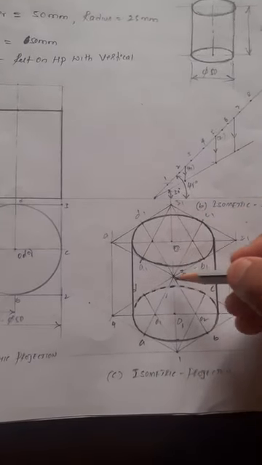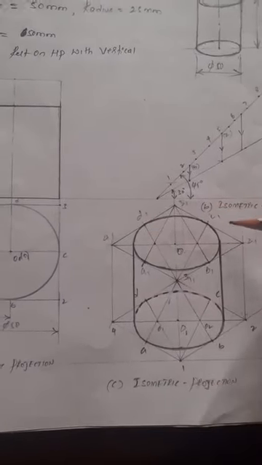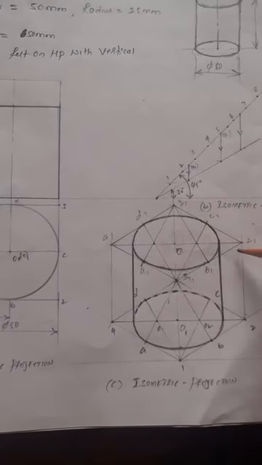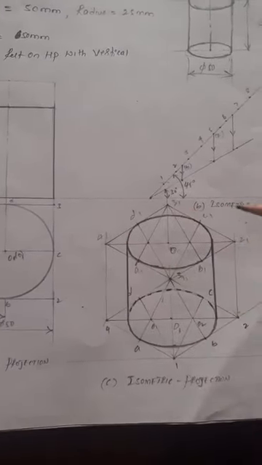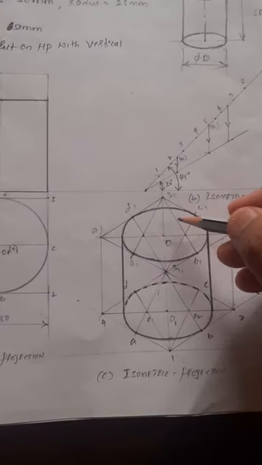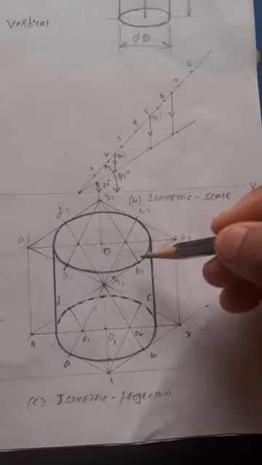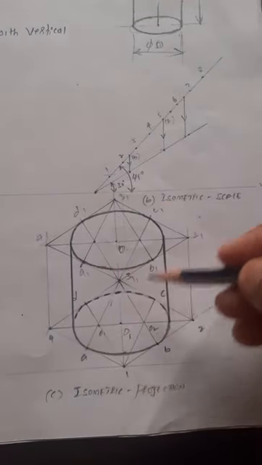Similarly construct one more circular lamina on this square box, right? Once you construct the circular lamina, how do you join here? Join a tangent to the ellipse.